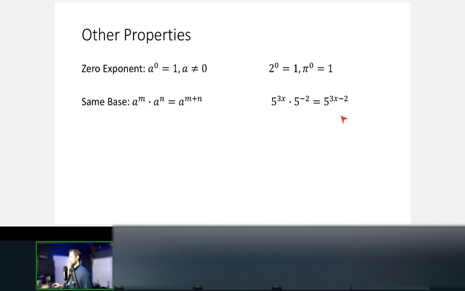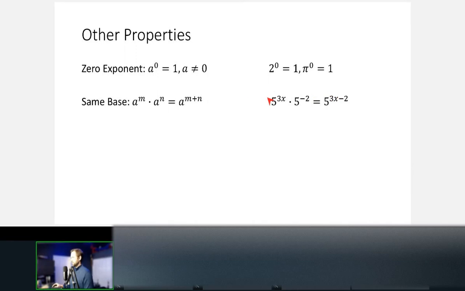So be careful. For example, over here, we have 5 to the 3x times 5 to the -2. This is not power to a power multiply. This is same base. Same base, you add the exponents. So this times this, same bases, we have 3x plus -2 is 3x minus 2. So you add exponents.